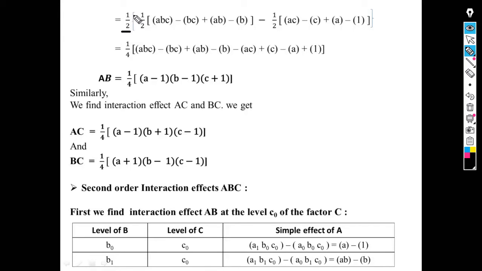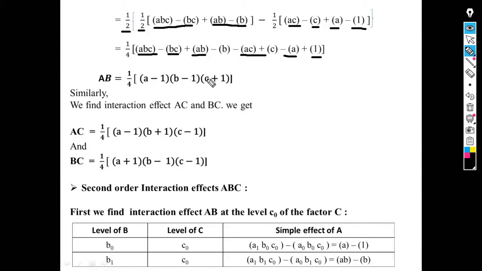So it is half in curly brackets. Here we get 1 by 2 ABC minus BC plus AB minus B, and minus this, the average effect of A at the first level of B, which is 1 by 2 AC minus C plus A minus 1. Now take this 1 by 2 outside the curly bracket. So we get 1 by 4, and it is ABC minus BC plus AB minus B minus AC plus C minus A plus 1.